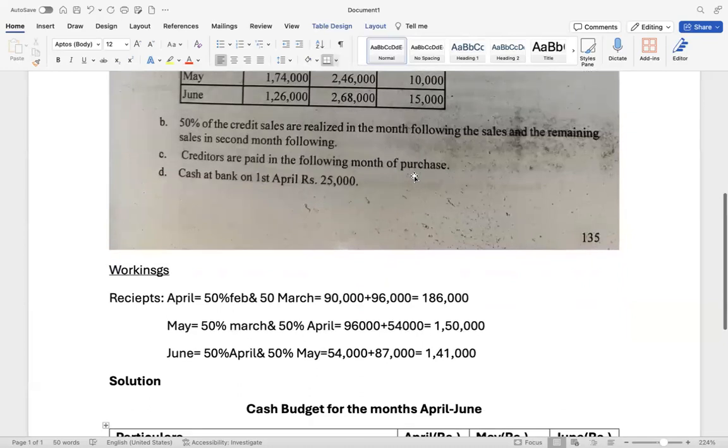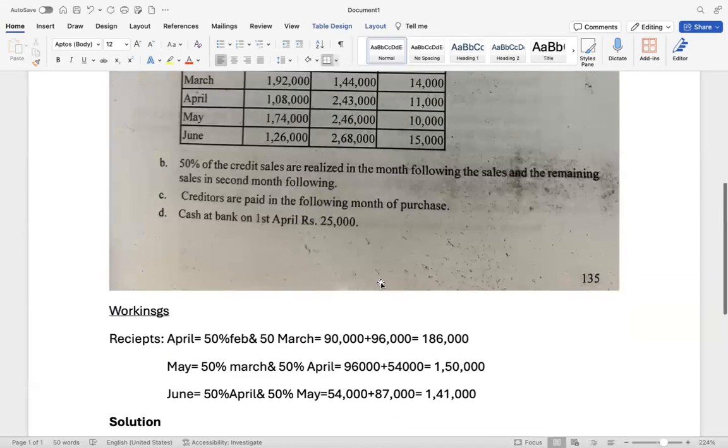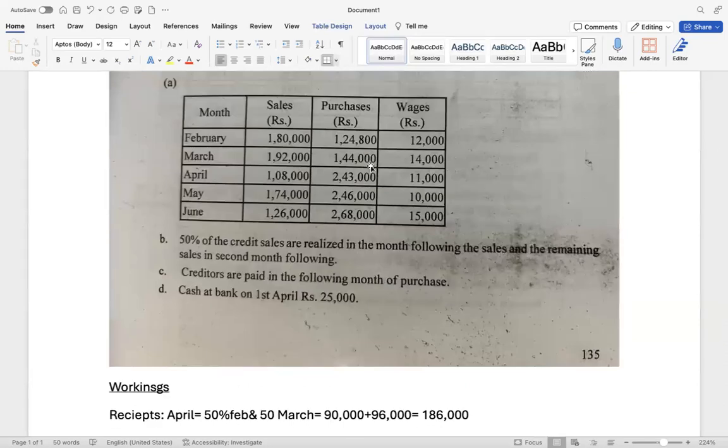Then you also have the purchases. Purchases in the month of April are 2,40,000.